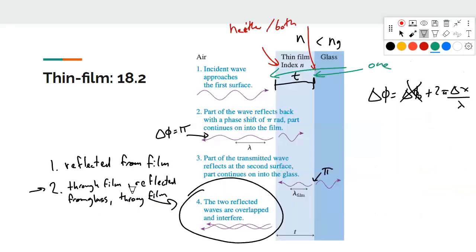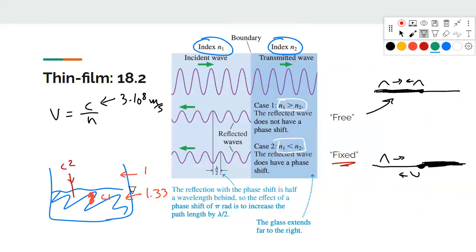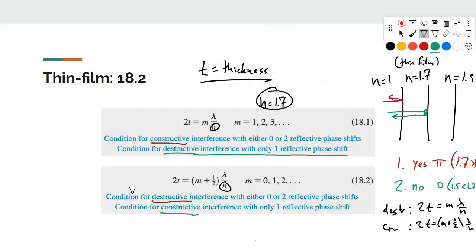So it comes back to this image here, where you can see case 1, as they call it, is where n1 is greater than n2. And that's like a free boundary. That's the case for the green arrow: n1 is greater than n2, 1.7 is greater than 1.5.